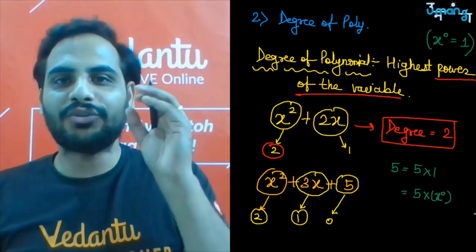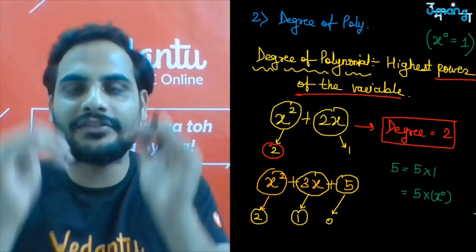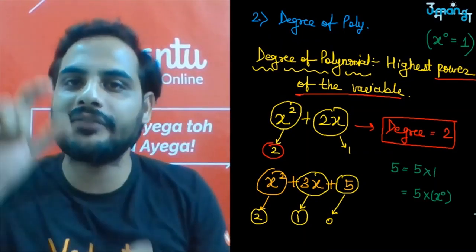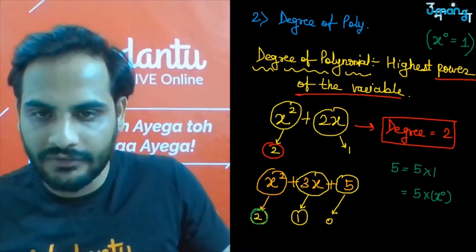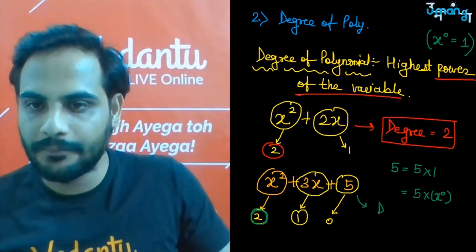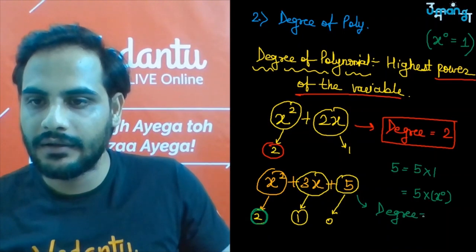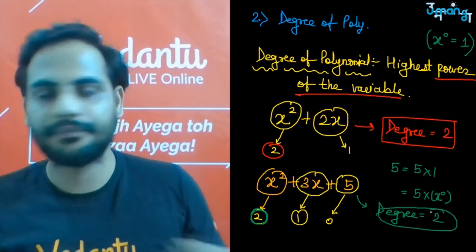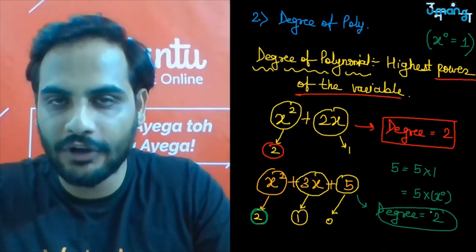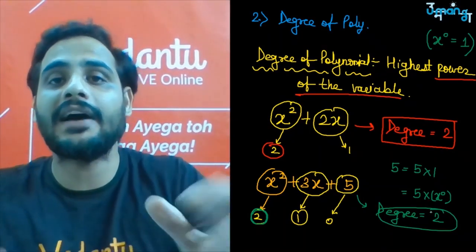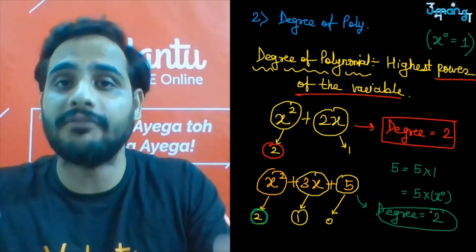So when you write only 5, you can clearly see x is not present, so we say the power of the variable is 0 in that term. Here the highest power is 2, so here also the degree will be 2. Correct? So this is how you find the degree of any polynomial. Degree of any polynomial is the highest power of the variable.